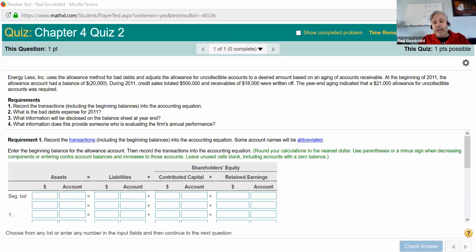So we have a desired ending balance of 21,000. And so it says record the transactions including the beginning balances into the account equation. So we have the allowance, beginning balance, $20,000.